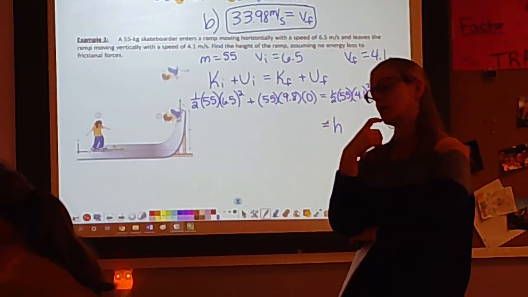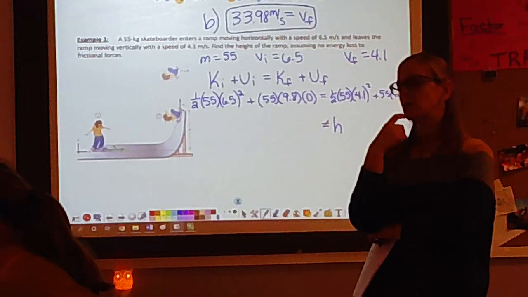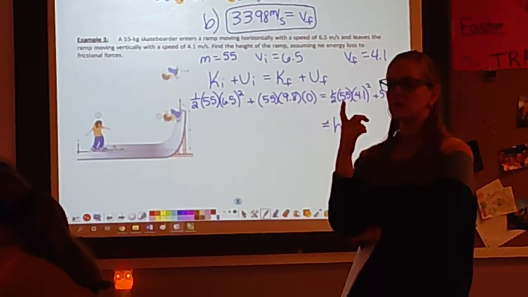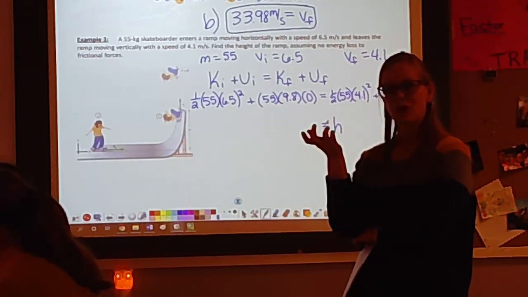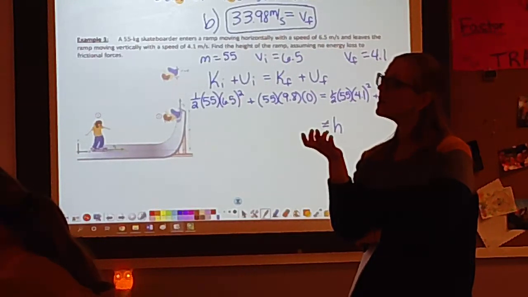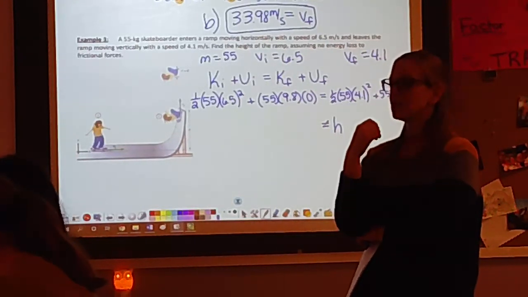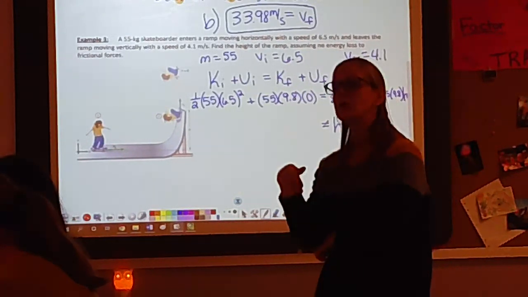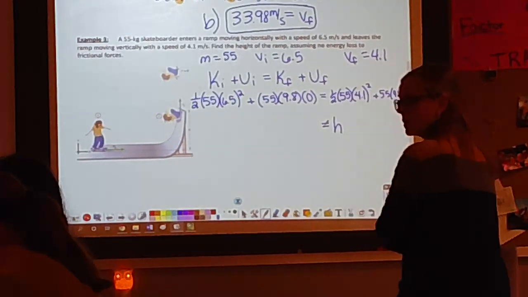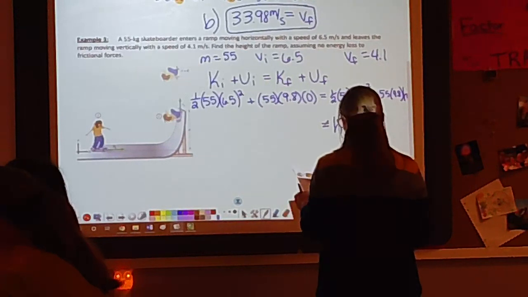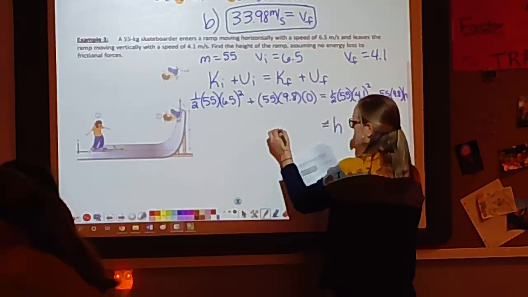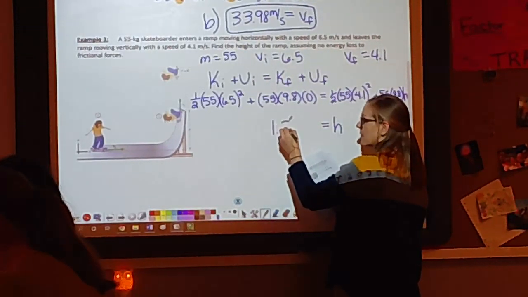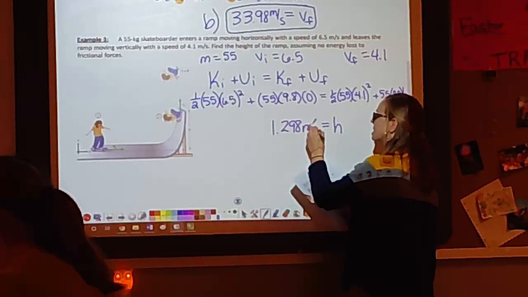In your equation, if you're doing v squared equals v0 squared, I think v0 squared would have to be 0, because you would have to do it in the y direction, because that's not a two-dimensional formula. 1.298. Okay.